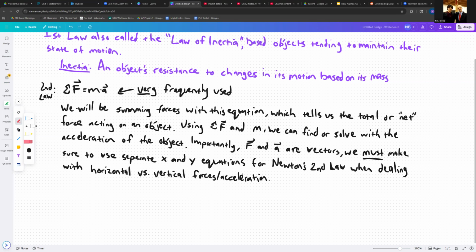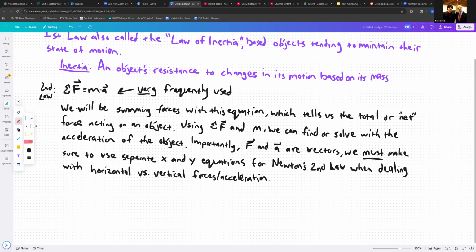Mass doesn't need a subscript because it's a scalar like time. We never had to subscript time with kinematics. But we did have to subscript Vx initial, Vy initial, acceleration x, acceleration y, delta x, and delta y. Similarly, we need to make sure we're looking at vertical forces with vertical acceleration or horizontal forces with horizontal acceleration.